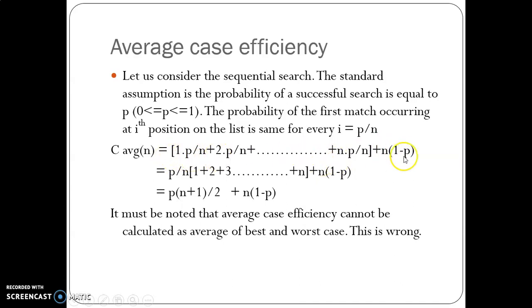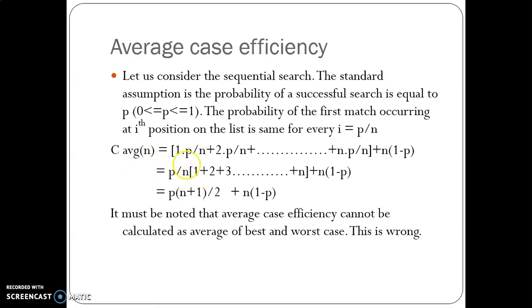Now we try to simplify this. We take P upon n common. So we get 1 plus 2 plus 3 plus up to n, plus n into 1 minus P. Now for 1 plus 2 plus 3 plus up to n, the formula for simplification is n into n plus 1 upon 2.